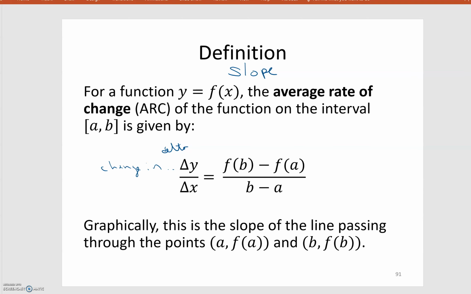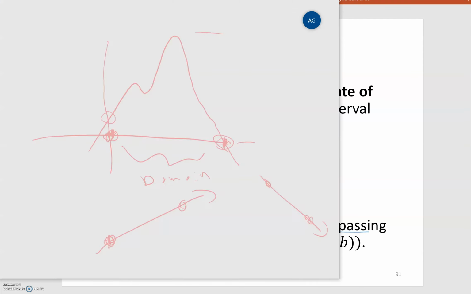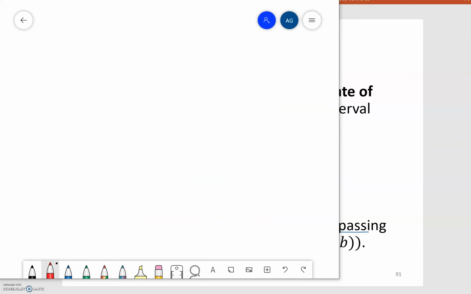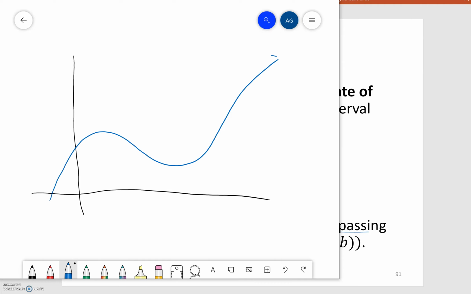Okay. So as this says down here, graphically, this is the slope of the line passing through the points a, f of a, and b, f of b. All right, let me draw a picture to illustrate this. So here is a function. Now I know we're talking about linear functions in general, but for the moment I'm going to draw a function that has some curving going on because it'll make the slope calculation a bit more, I think, easy to understand.